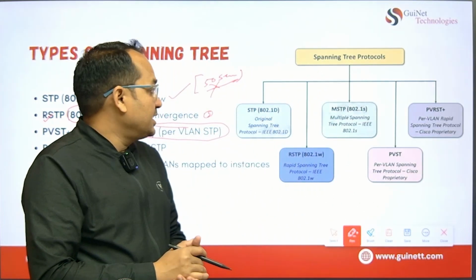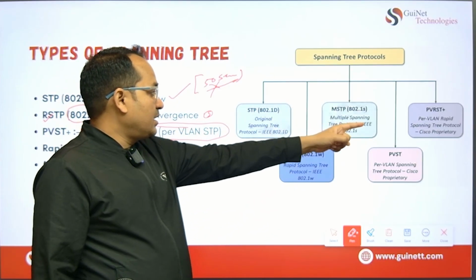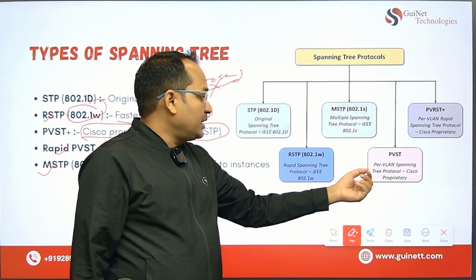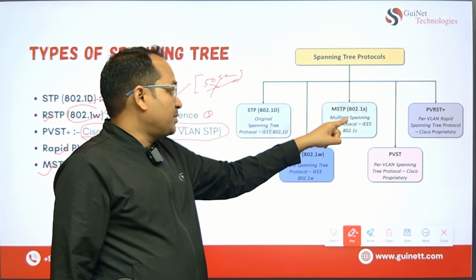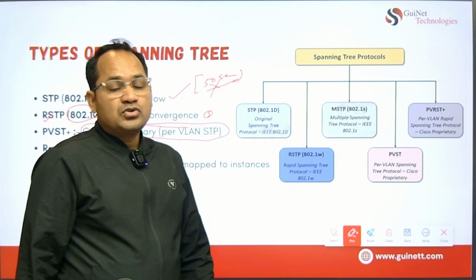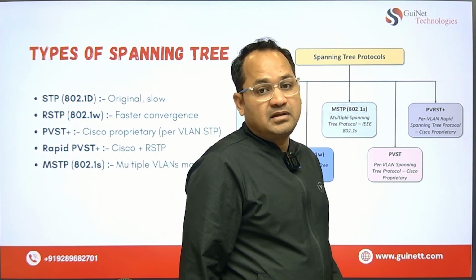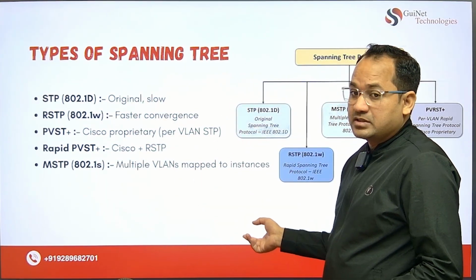That's why you can see in spanning tree protocol we have STP and RSTP, which are the original IEEE standards, PVST is Cisco proprietary, and MSTP is the IEEE standard, basically 802.1s. So you should know all these basic fundamentals of STP because they are very important sometimes. I hope you also understand the types of spanning tree, right?